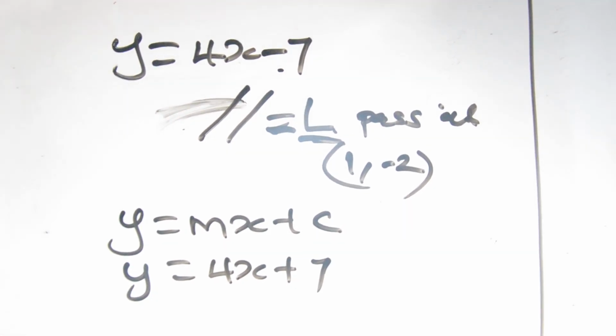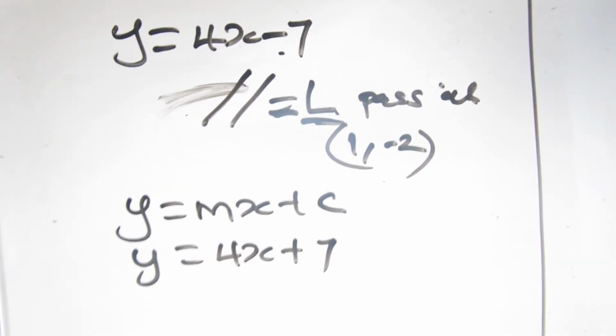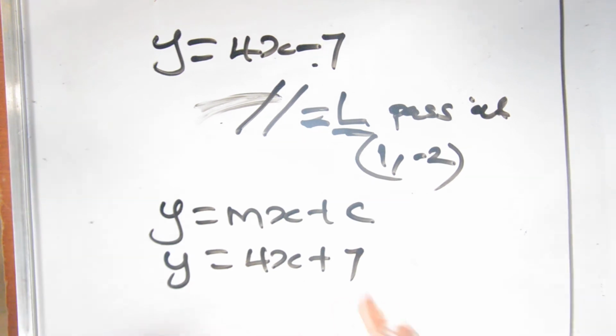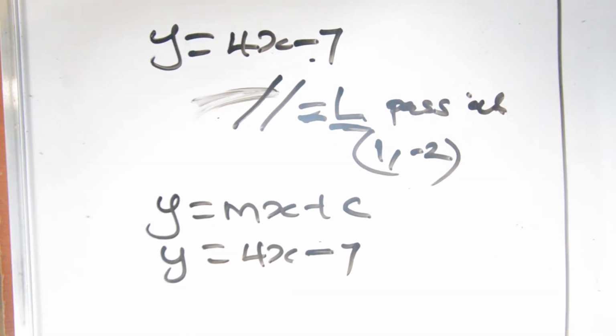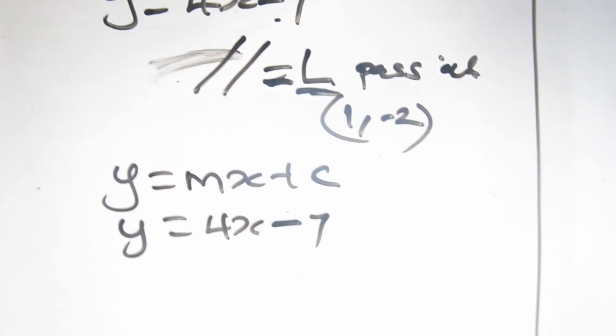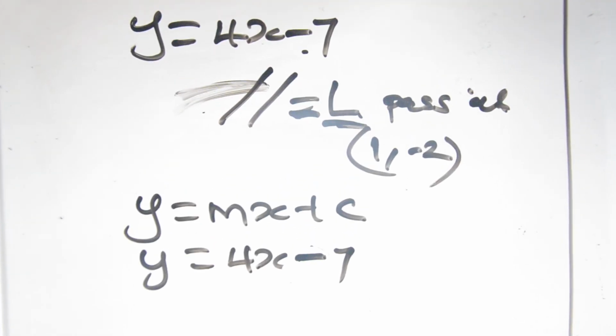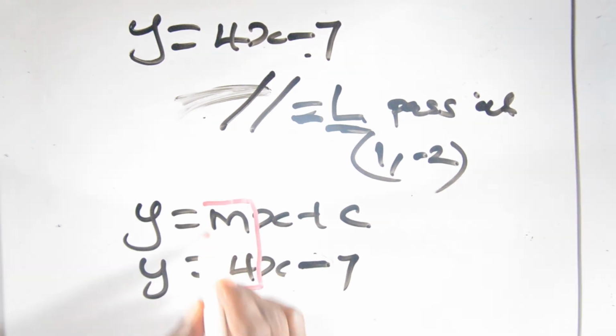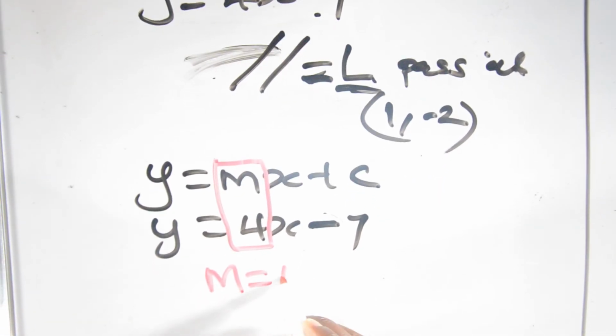This means that our gradient for this line is here, so m is equals to 4.